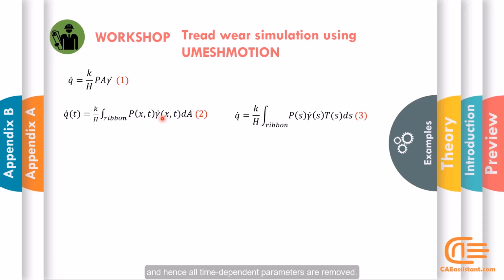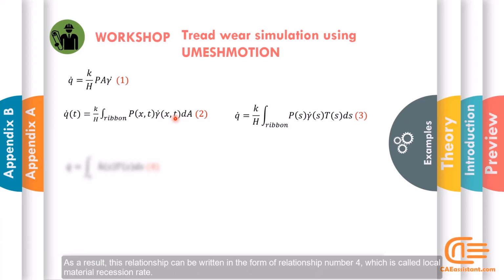And hence, all time-dependent parameters are removed. Also, since dA is equal to the tire area that is in contact with the surface, it can be written as multiplication of the width of the tread by displacement increment. As a result, this relationship can be written in the form of relationship number 4, which is called local material recession rate.